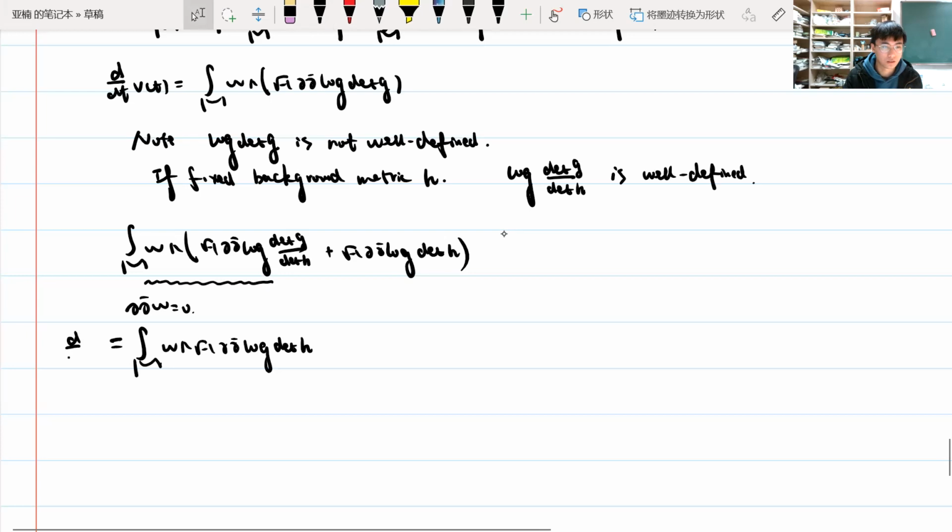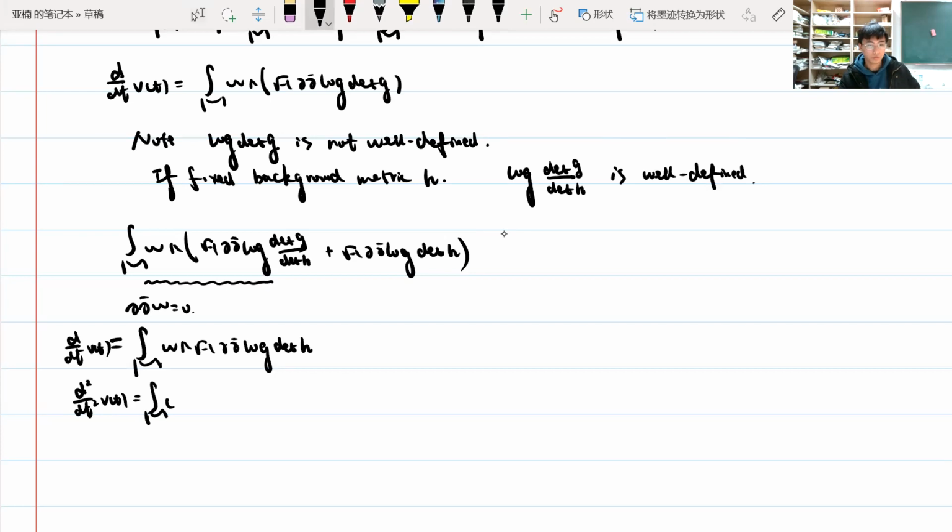This is the derivative of V, and we compute the second derivative. It is just omega dot, which is this term.